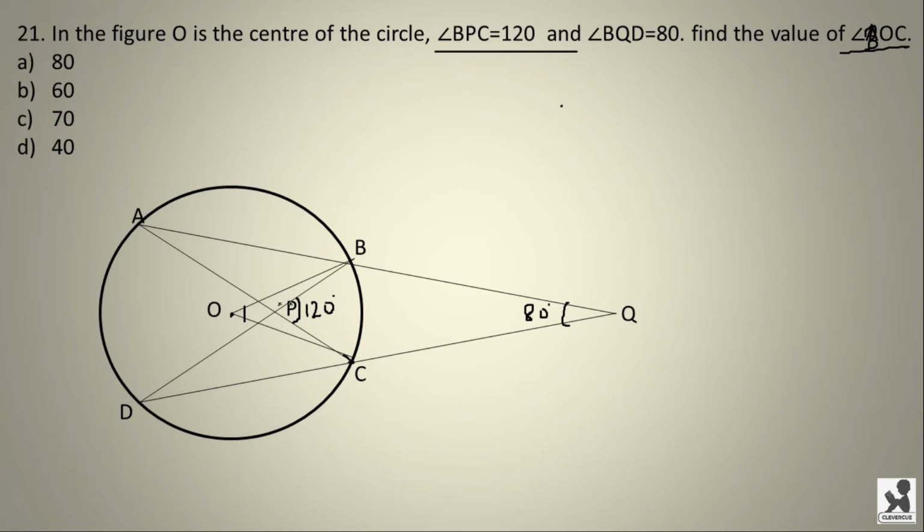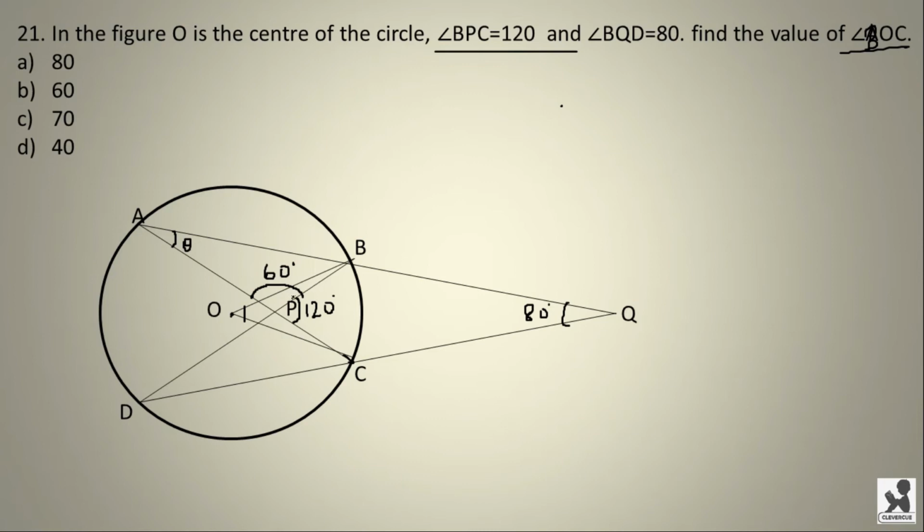Now to find this angle, let us take this angle as theta. Let us take angle BAC as theta. Now, if angle BPC is equal to 120 degrees, we get angle BPA as 60 degrees because this is a straight line.